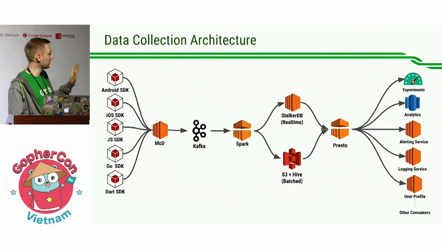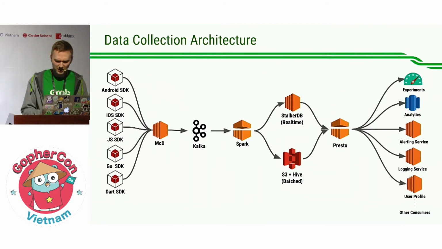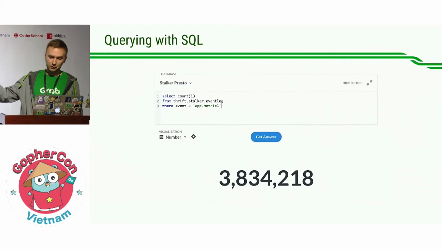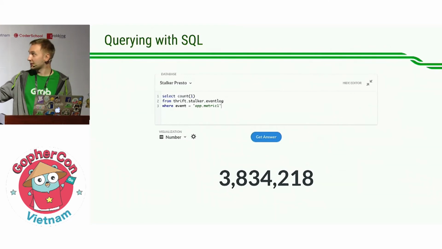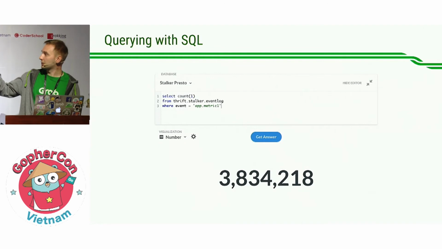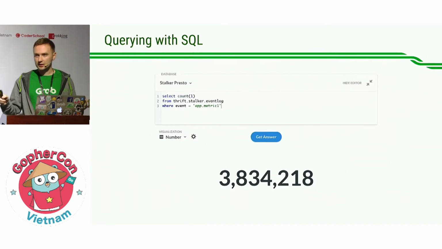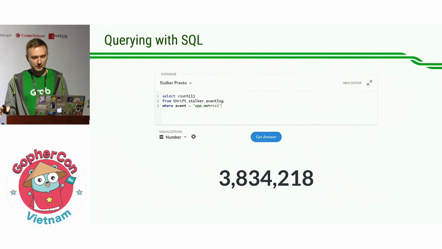We built something called StalkerDB. It's actually a really simplified database. That's an example of a query. I censored the metric name, but you would fire a SQL client. This is Metabase, and point to a table, and this table is actually real-time data, right?